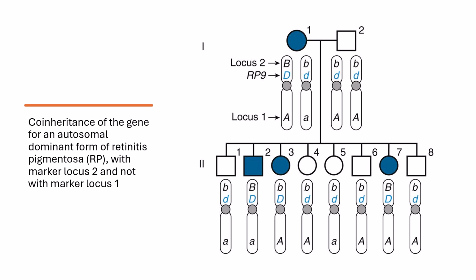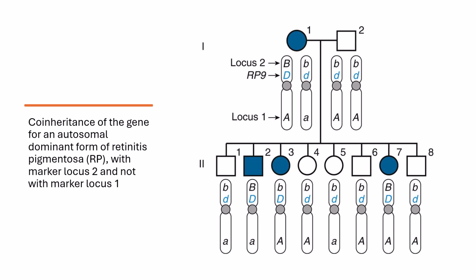So let's move to person 2, the second child, who does have retinitis pigmentosa. So this person has an uppercase b, an uppercase d, and a lowercase a. We already know that a lowercase a does not cause retinitis pigmentosa. So it's got to be either uppercase b or uppercase d. So let's move on to the next person. So the third person also has retinitis pigmentosa.